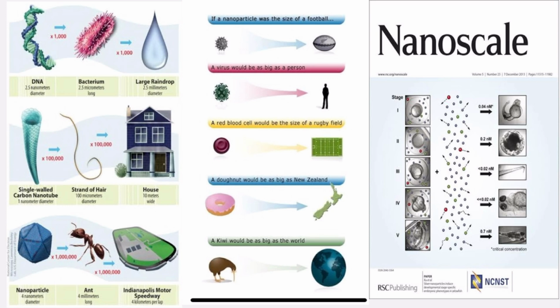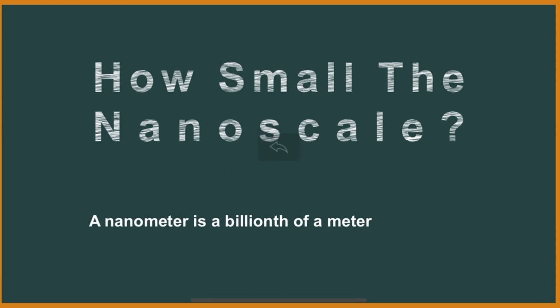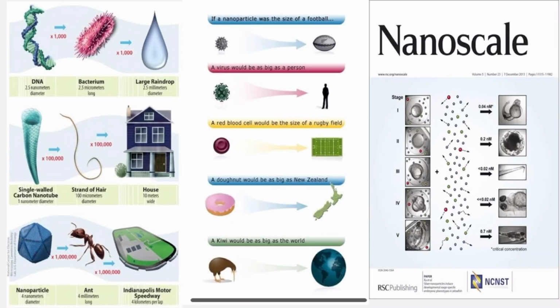So, sabi dito ulit, a red blood cell would be the size of a rugby field, a donut would be as big as New Zealand, and the kiwi would be as big as the world. So, makikita pala sa differences ng sizes na napakaliit ng isang nanoparticle.